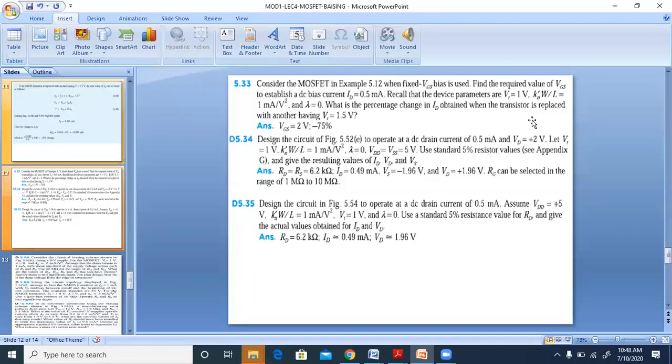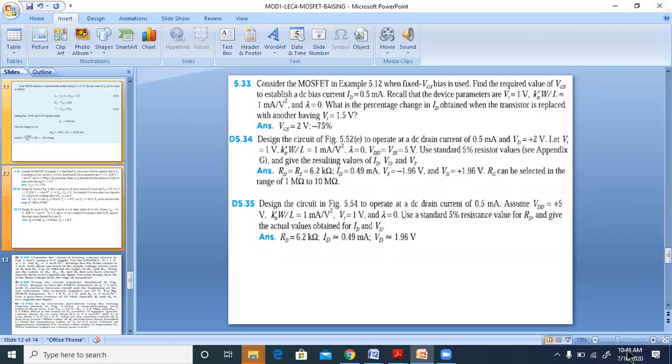The second equation would be ID equal to half of Kn dash W by L, VGS minus VT whole square. And VGS can again be found out in the same way. We can have two equations for solving, and then we'll get that.